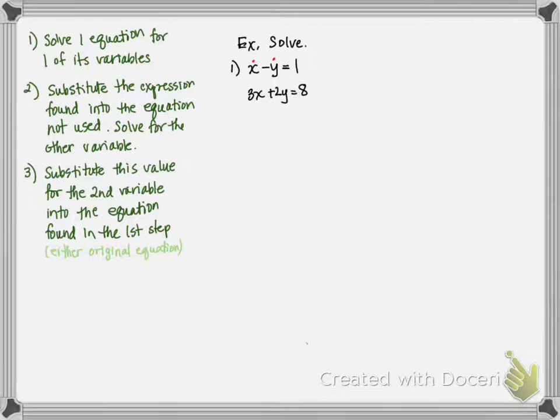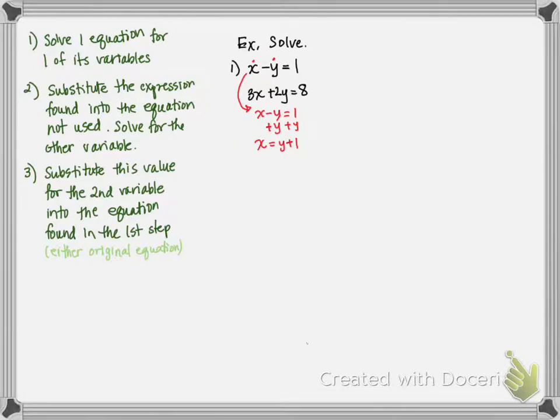All right, so I'm going to take this one. And probably the easiest thing would be to add y to both sides and solve for x. Okay? So what do I do now?